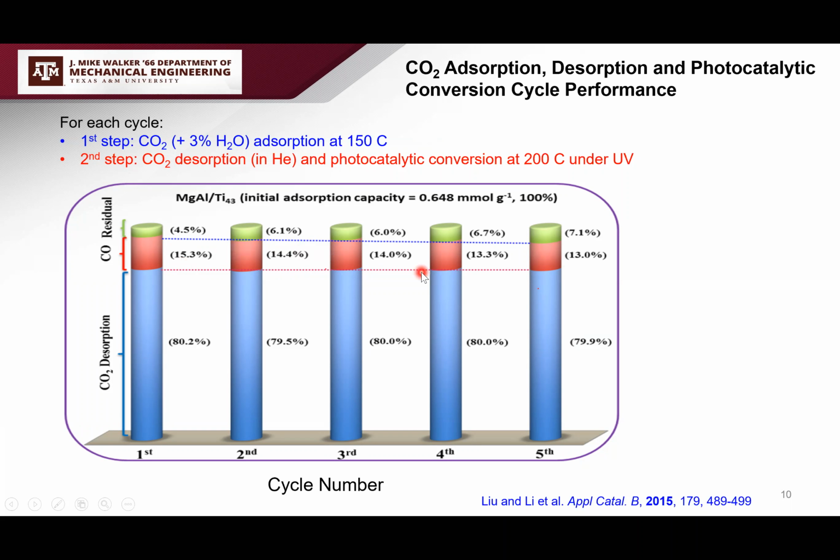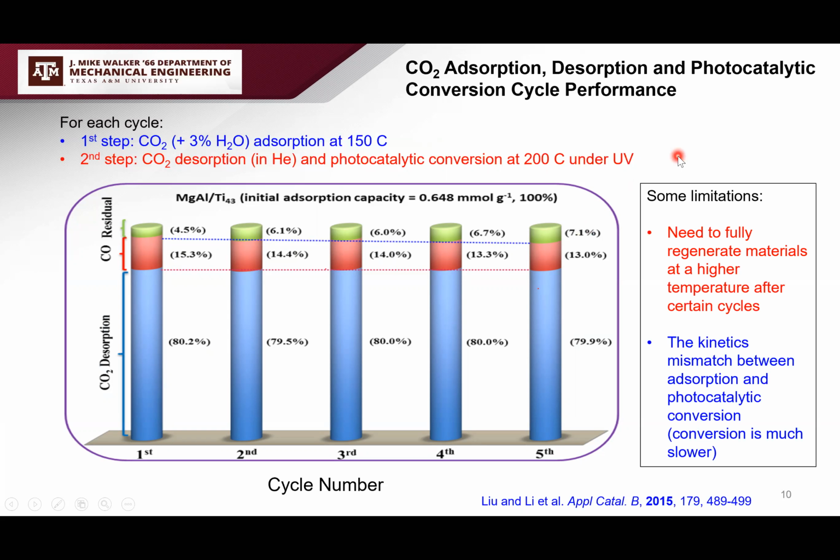But you can see one limitation here is after 5 cycles, the desorption capacity probably maintains the same, but the CO conversion decreased a bit and the residuals increased, which means cycle after cycle, it's kind of deactivating a little bit. So at one time, we need to fully regenerate the material at a higher temperature after some cycles, because the 200 C is just mild. So you might need, say, 400 C to fully regenerate to desorb those residuals.